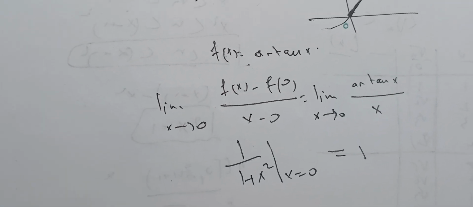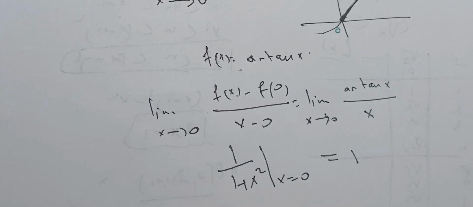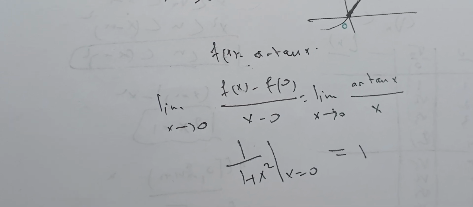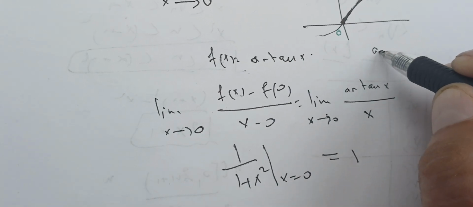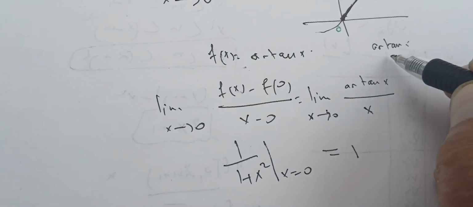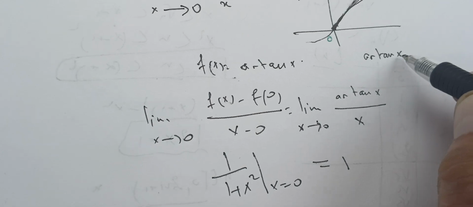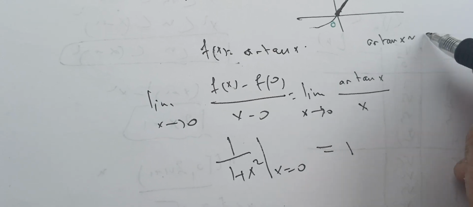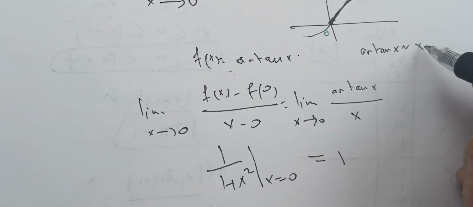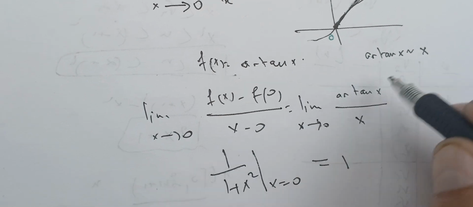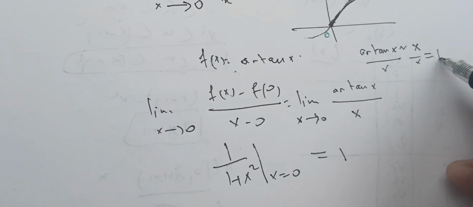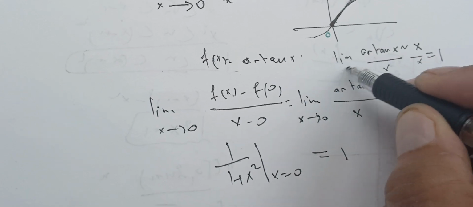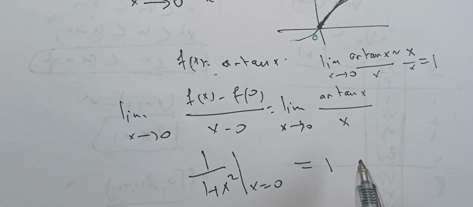Another thing that we can do is accept the following: when x is close to 0, we can treat the arctangent as some polynomial that we can write as x. Here we can divide both sides by x, and we see that this is 1. Therefore this limit is just 1.